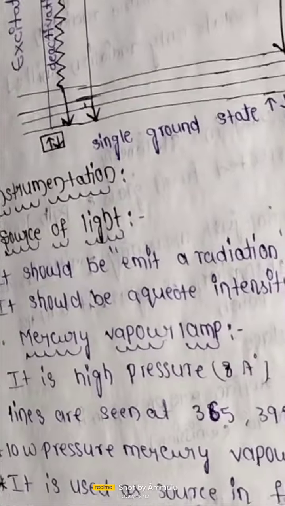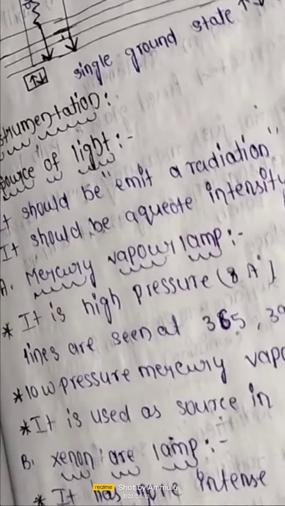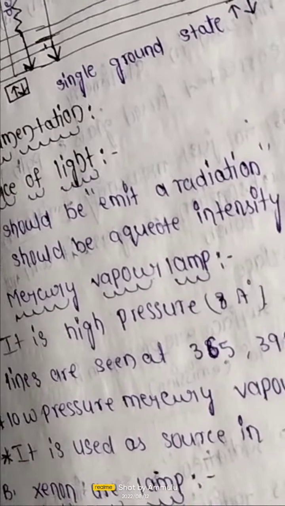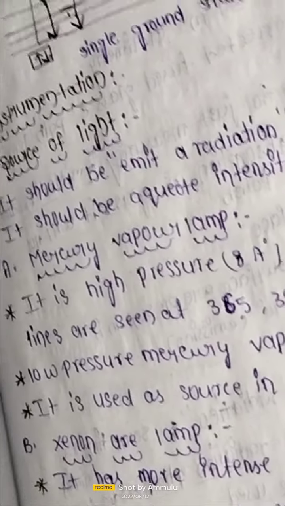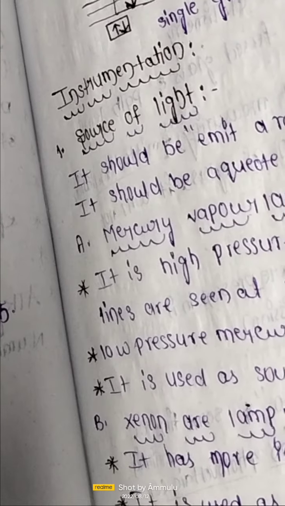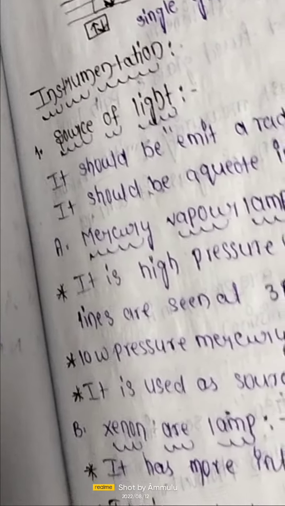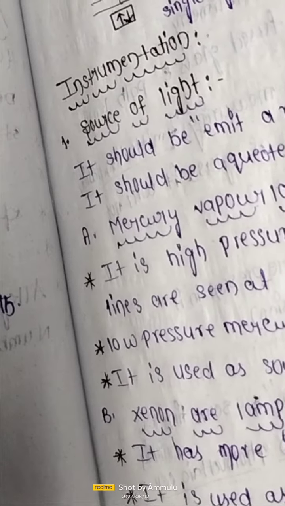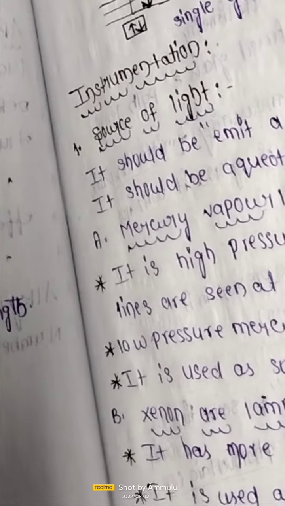Here comes the diagram. The ground state and excited state will be there, and in the instrumentation the source of light will be emitted on the states, and a mercury vapor lamp is placed.